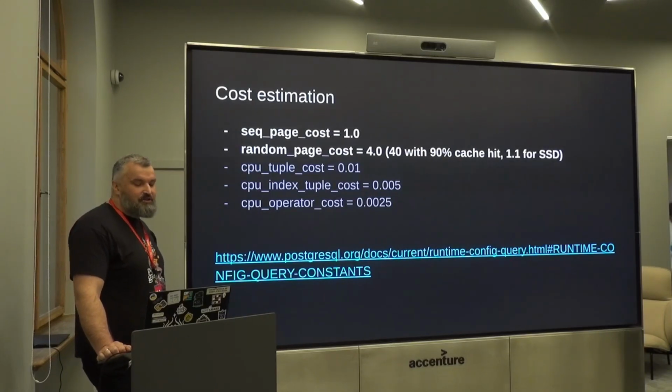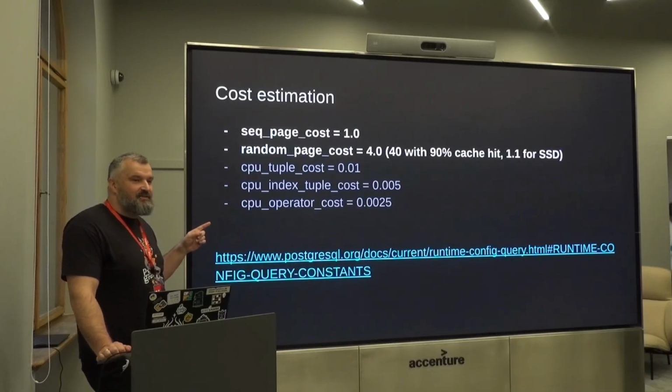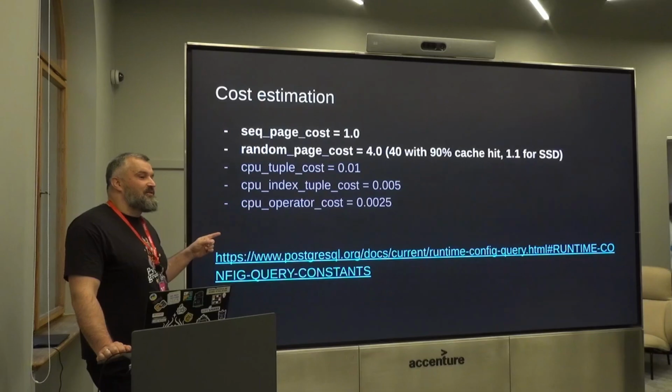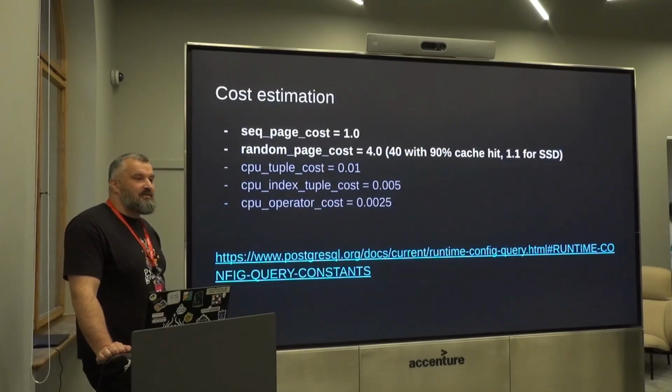So now the interesting question. These values are almost from the beginning of Postgres, when it was running on spinning disks. Now, for a database running in the cloud, like RDS on AWS, what do you think is the value of random page cost in the cloud environment?